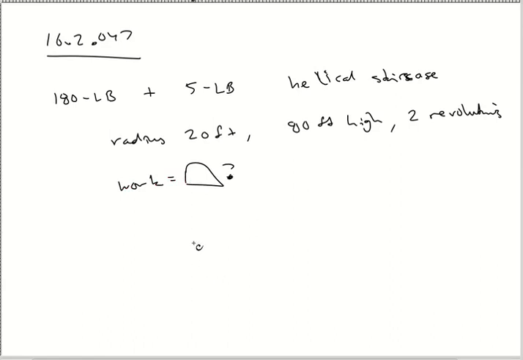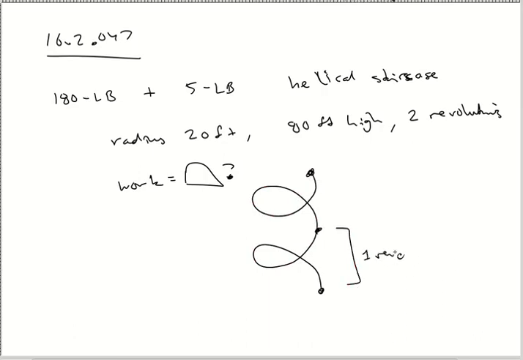Okay, so what's going on? Essentially, I'm going to make up a staircase that's going to go up twice. Notice that I had 1 revolution here, then we had another 1 revolution there, okay? So 2 revolutions.